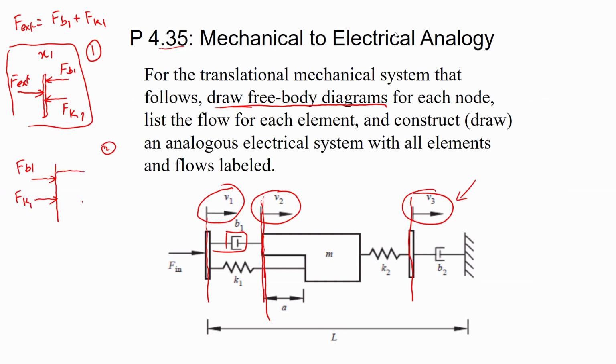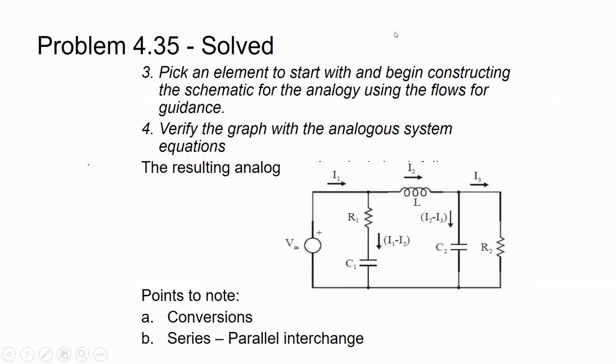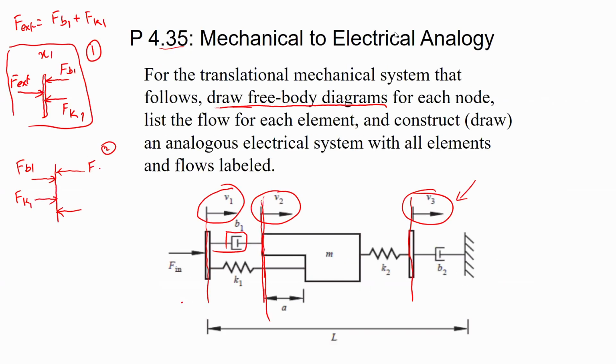What are the forces on the other end? I'll give you 2 forces. Tell me which ones are those. FM. What other? Would it be FK1? No, FK1 is already here. It is going to be FK2.